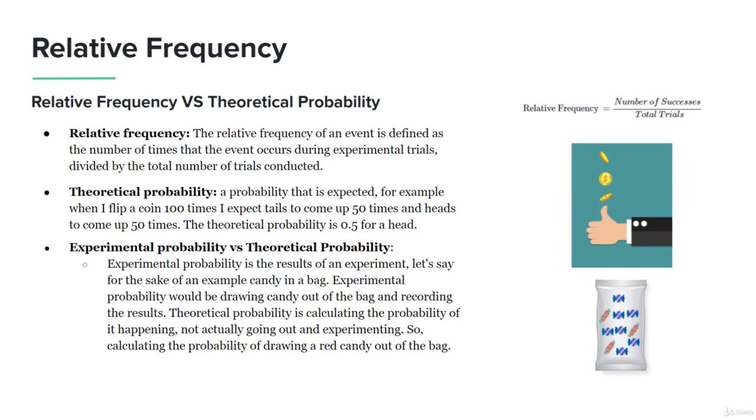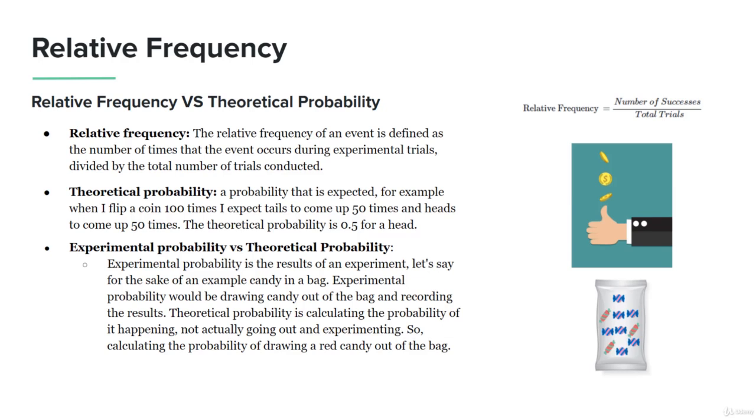You're not necessarily doing the actual experiment. With experimental probability, you're actually doing the experiment and getting the results. That's the difference between experimental and theoretical probability.